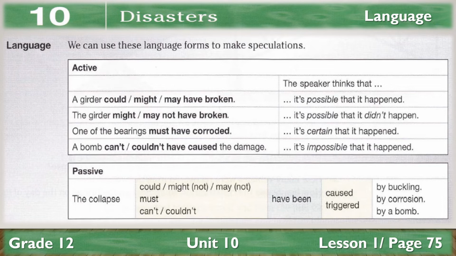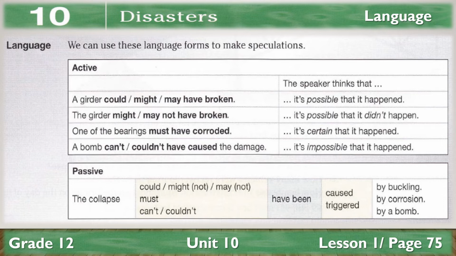Third one, must have corroded means it is certain that it corroded. And the last one, a bomb can't or couldn't have caused the damage means it's possible that, or impossible, sorry, it's impossible that it caused the damage.